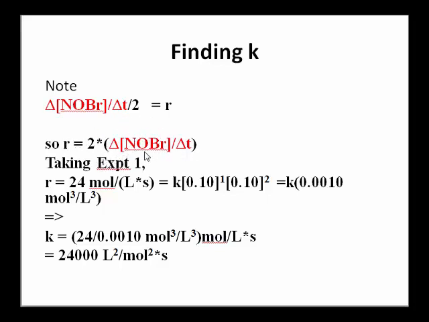This is important to understand because we can now use this information to solve for k. If we take experiment 1, R is 2 times 12, or 24 moles per liter per second. And that is equal to k times 0.1 to the 1 times 0.1 to the 2. If you remember that each of the species in brackets has a concentration in moles per liter.